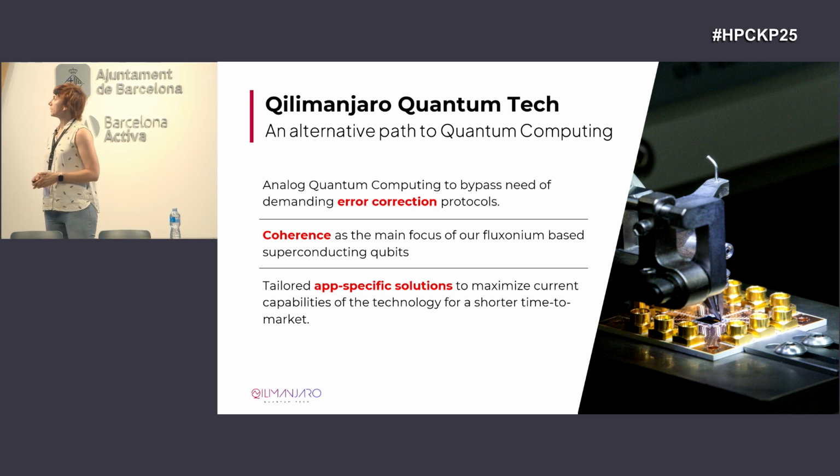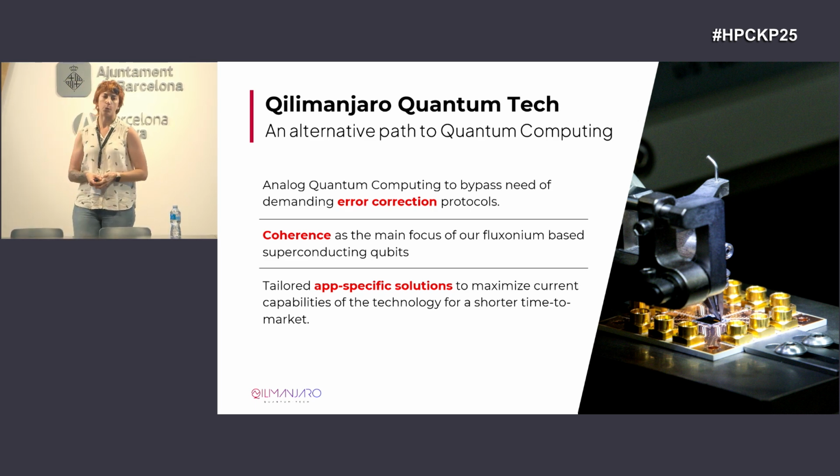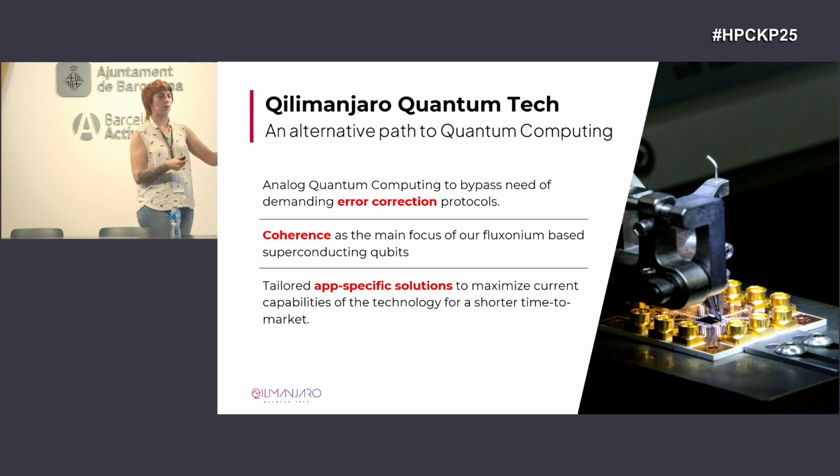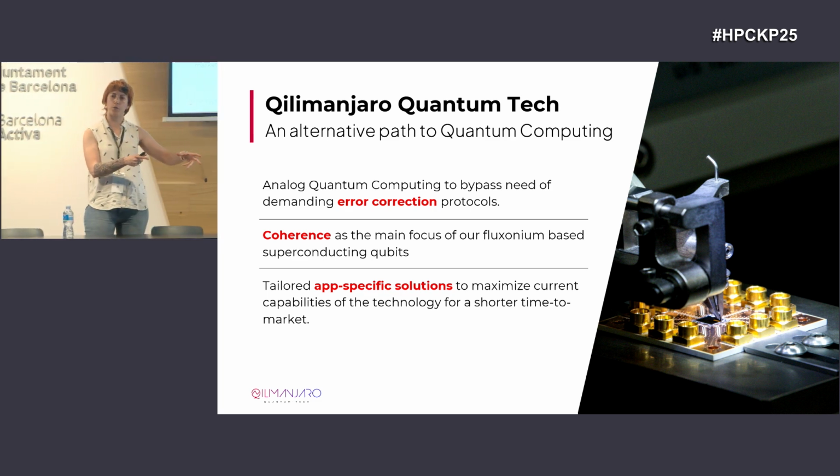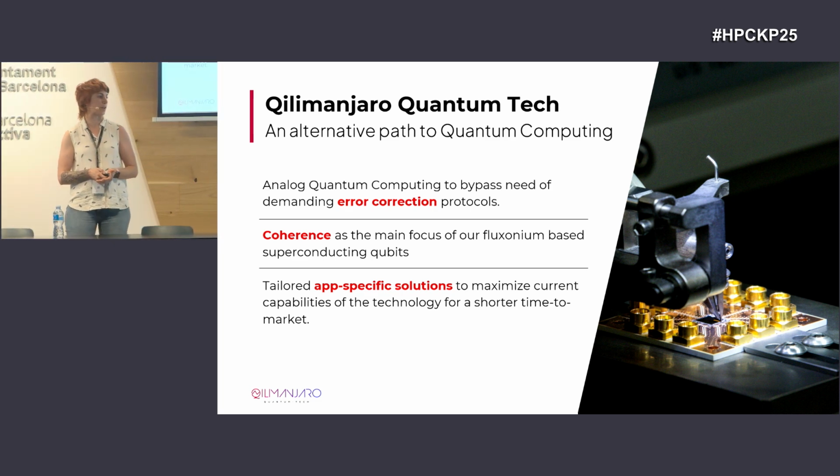And we tailor to specific solutions. We have our own algorithms team. You can imagine, for example, the Apple ecosystem, where you have your devices and you have applications that only work for this kind of devices. So it's something similar that we are doing.